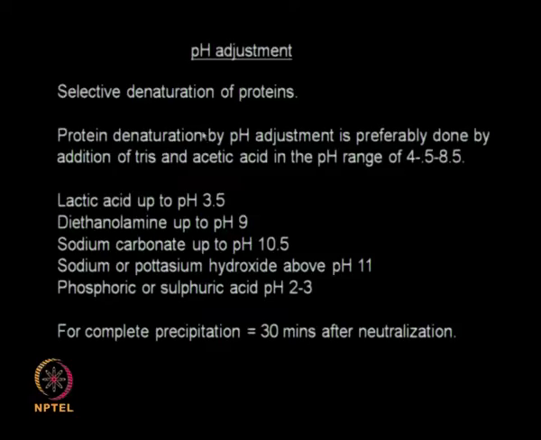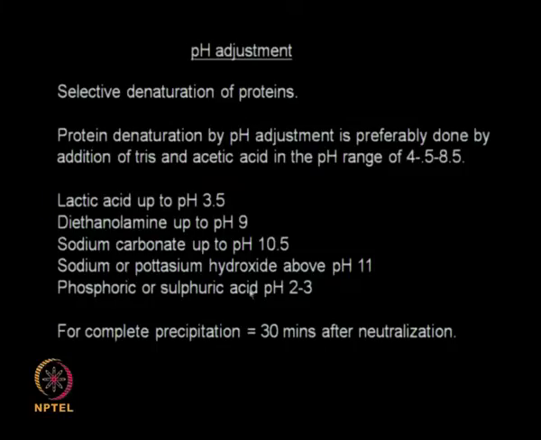So we can add acetic acid in the pH range of 4.5 going right up to 8.5, okay. We can add lactic acid up to a pH of 3.5. We can use diethanolamine especially in the alkaline pH. We can add sodium carbonate up to pH of 10.5, sodium or potassium hydroxide going up to very large pH, 11.